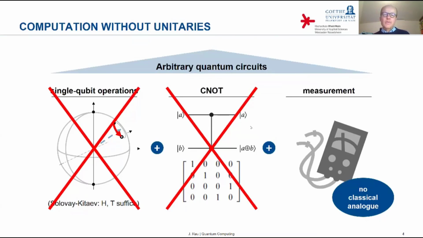And it just serves to illustrate the big difference between the quantum domain and the classical domain, which manifests itself also in the way of doing computation.